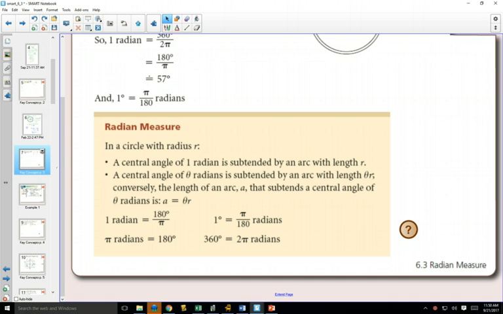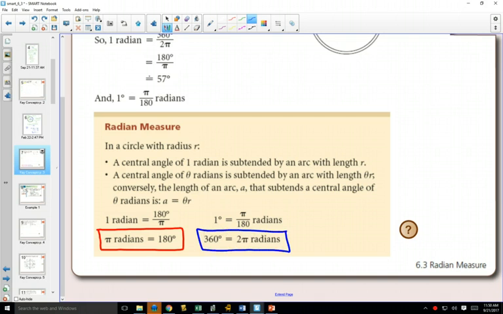For example, you see 90 degrees, you're going to think, oh, that's pi over 2 radians. 180 degrees, that's pi radians. If you put a box around that one, it's the really important one, because if you know that one, you can figure out all of the other ones. And if you can't remember that one, you should be able to remember this one, because that's how many are in a full circle.